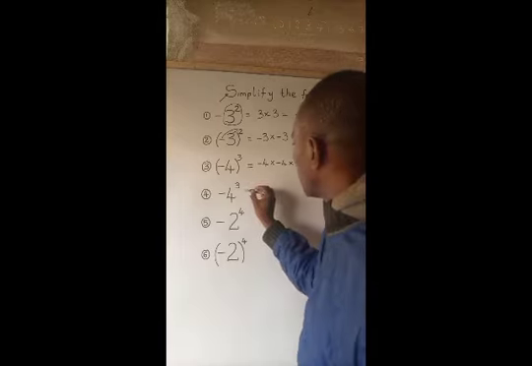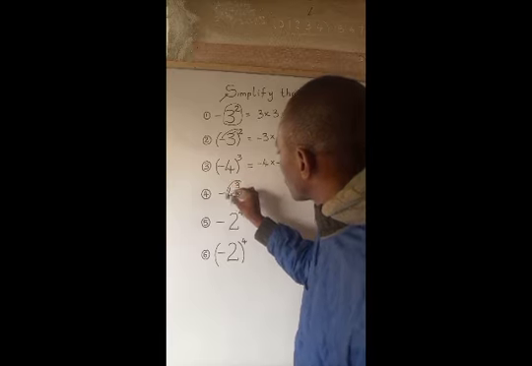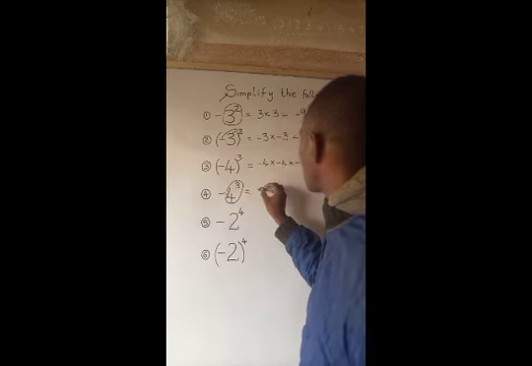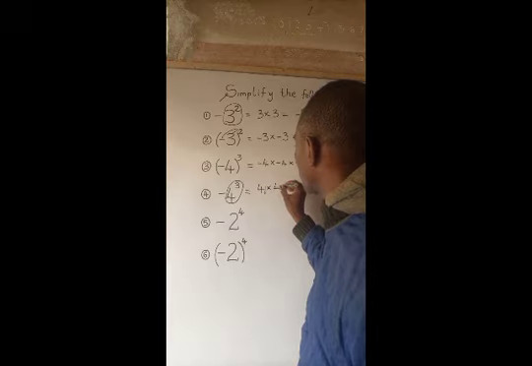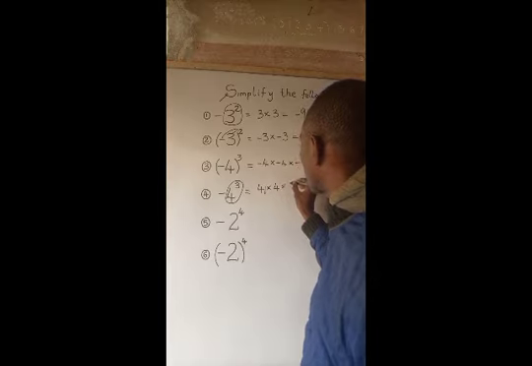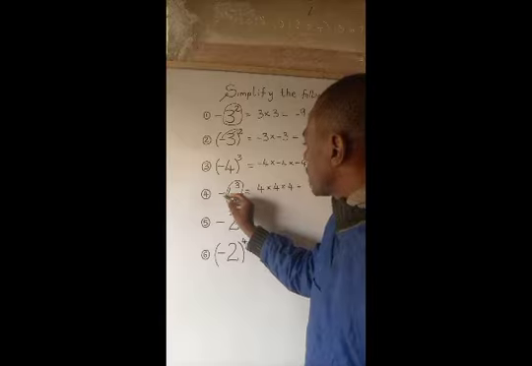We move to the fourth one, the exponent first, which is 4 times 4 times 4. It will give us 64. Then the negative sign.